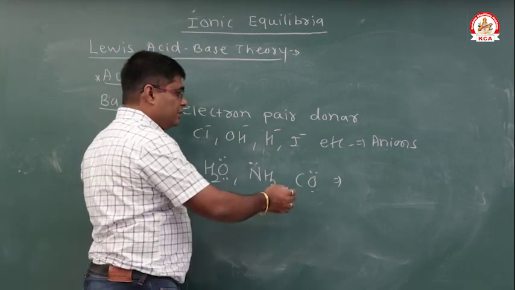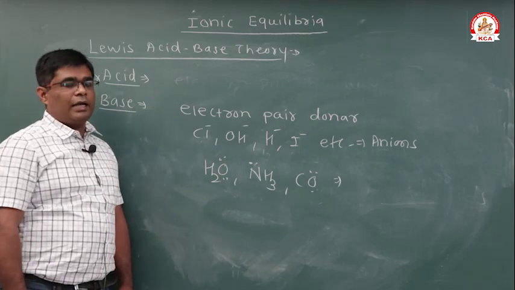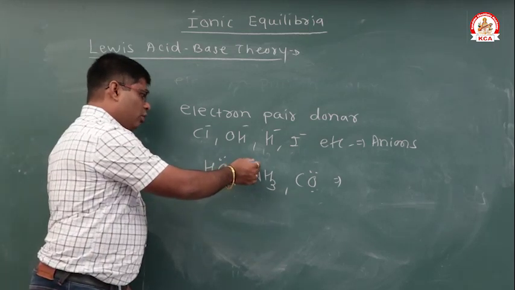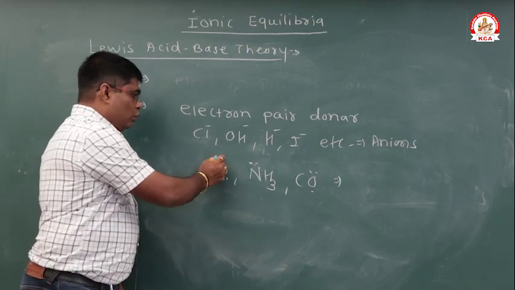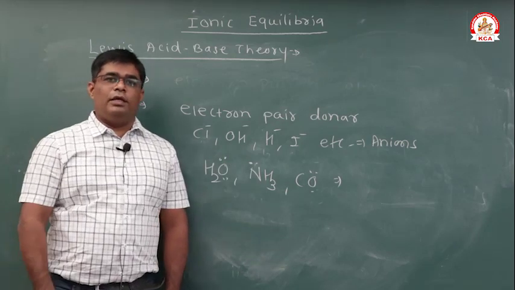Why is it a Lewis base? Due to the presence of a lone pair of electrons and the ability to donate the lone pair of electrons. जे कुठे लोन पेयर जे आपण केमिकल बॉन्डिंग मध्ये ऑलरेडी डिस्कस केलेला आहे, जो लोन पेयर ऑफ इलेक्ट्रॉन देऊ शकतो त्याला काय म्हणायचं? लेविस बेस.